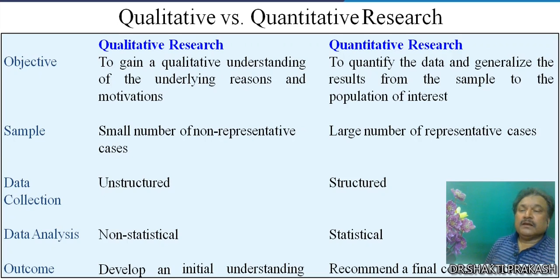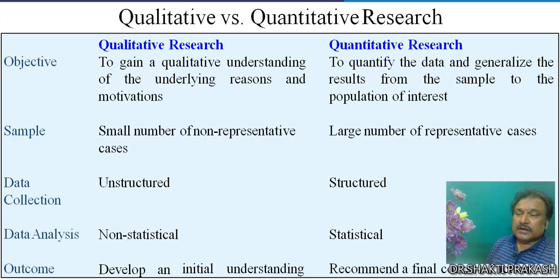It's simple. Now the second one is sample: small sample, as we have discussed. It is an exploratory design, so we are using small sample size and non-representative cases, versus a large number of representative cases in quantitative research.